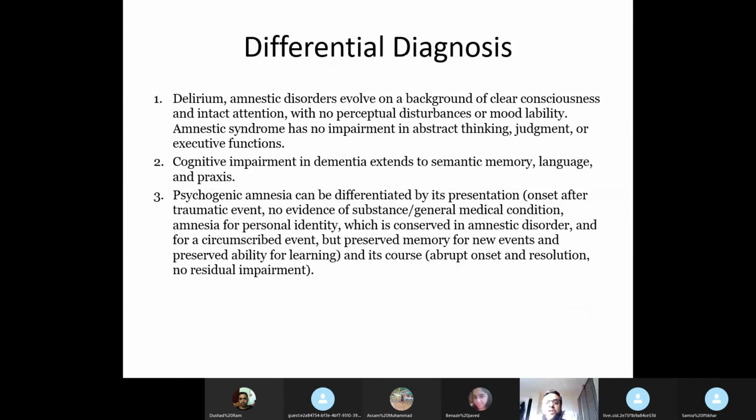So psychogenic amnesia can be differentiated by its presentation: onset after traumatic event, no evidence of substance or general medical condition. Amnesia for personal identity, which is conserved in amnestic disorder, for a circumscribed event, but preserved memory and preserved ability of learning, and its course: abrupt onset and resolution, no residual impairment.